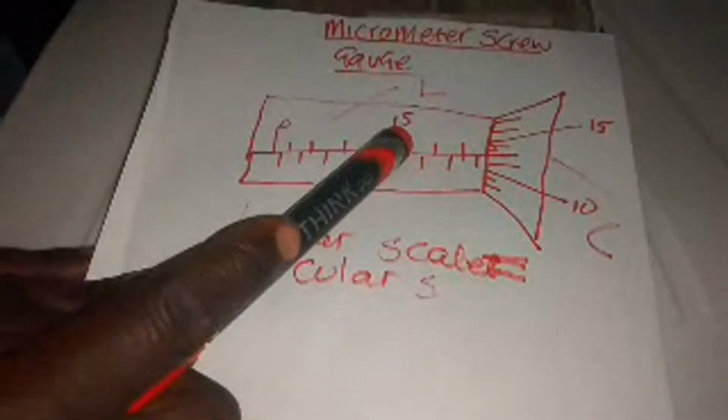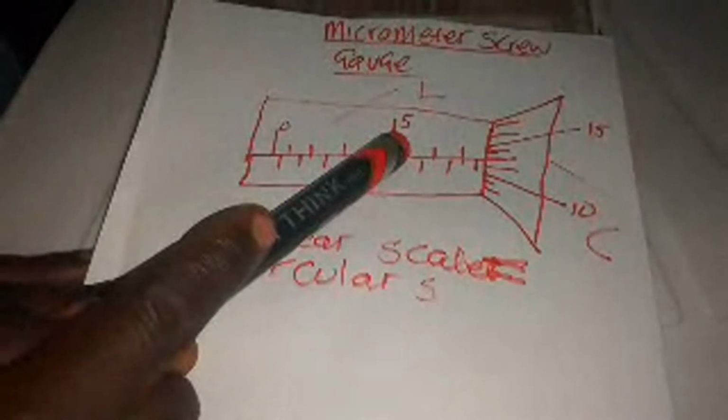Let us count together: 5, 6, 7, 8, and a 0.5. So you write 8.5. That is the reading on the linear scale.